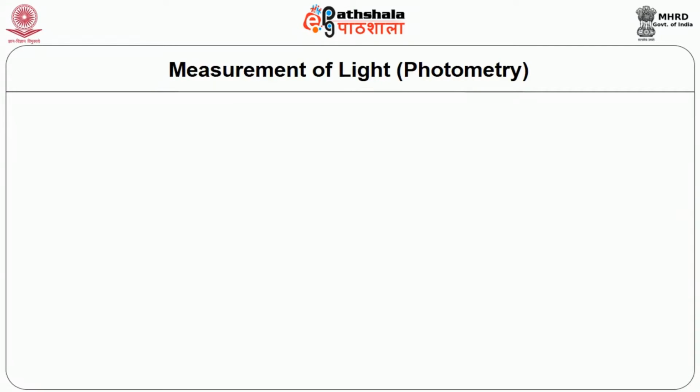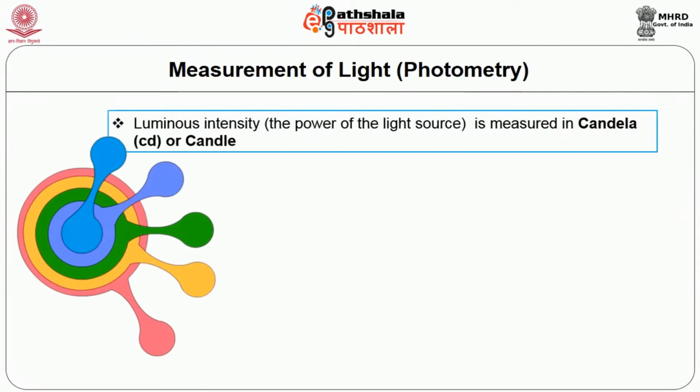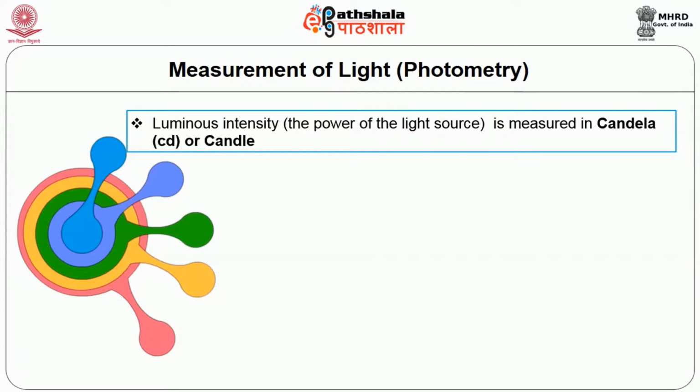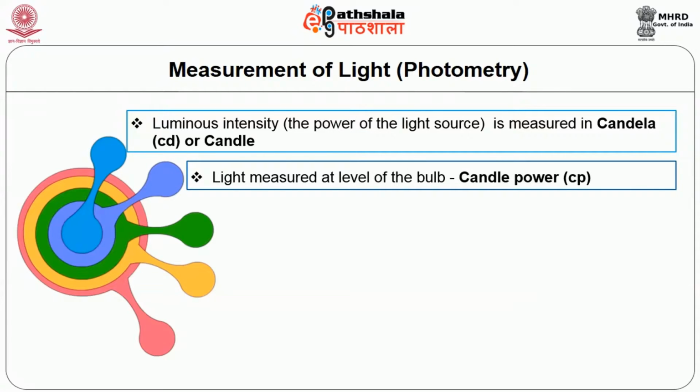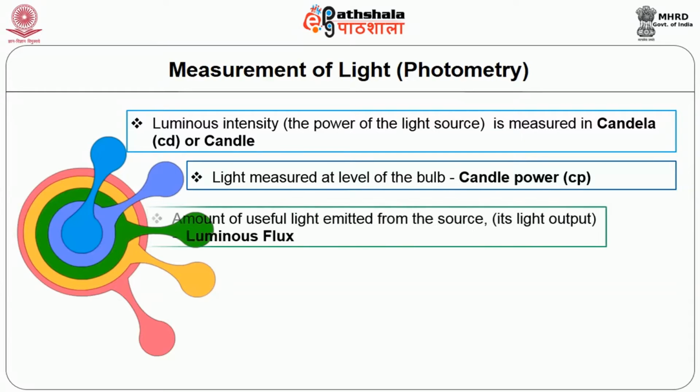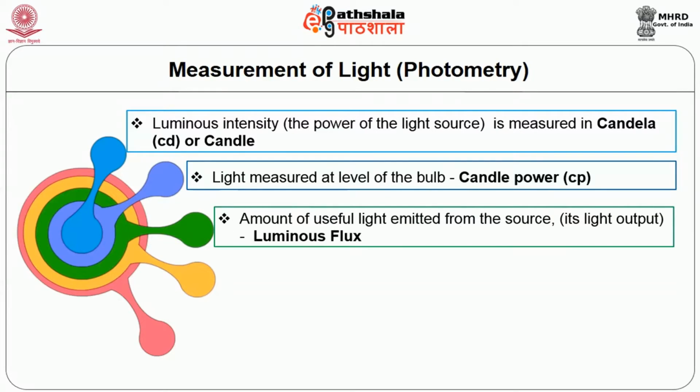If you look at the points given in this slide and the images in the next slide, you will understand the concepts better. Luminous intensity, the power of the light source, is measured in candela or candle. Light measured at level of the bulb is candle power. Amount of useful light emitted from the source, its light output, is luminous flux.